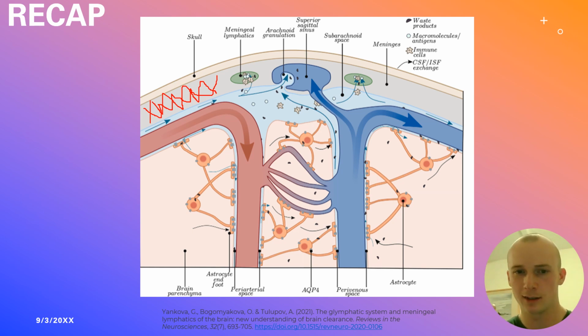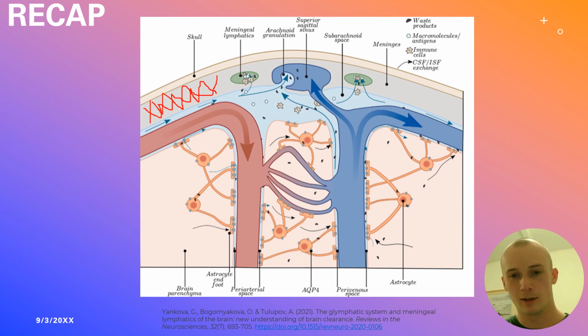The other 2 things that I want to briefly mention here are interstitial fluid and cerebrospinal fluid. The interstitial fluid was key in the discovery of the glymphatic system, as within the central nervous system, interstitial fluid was previously thought to move via diffusion.